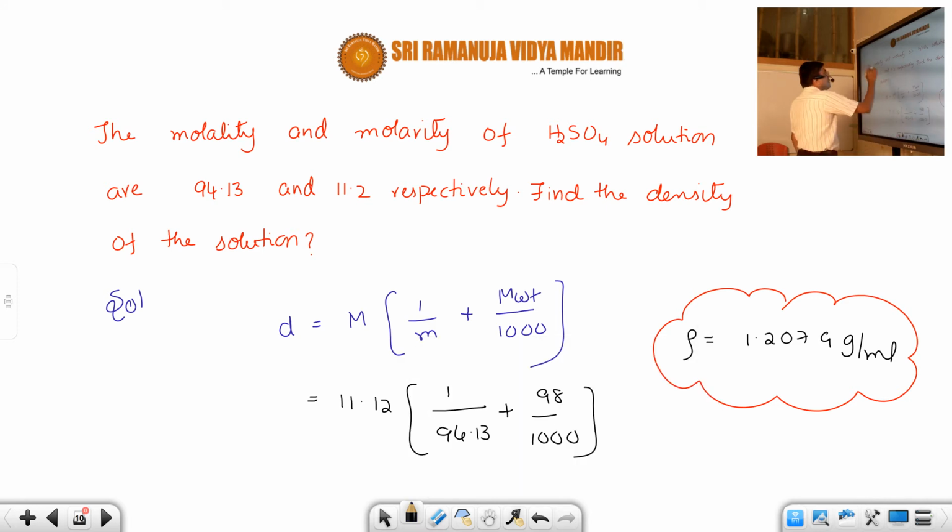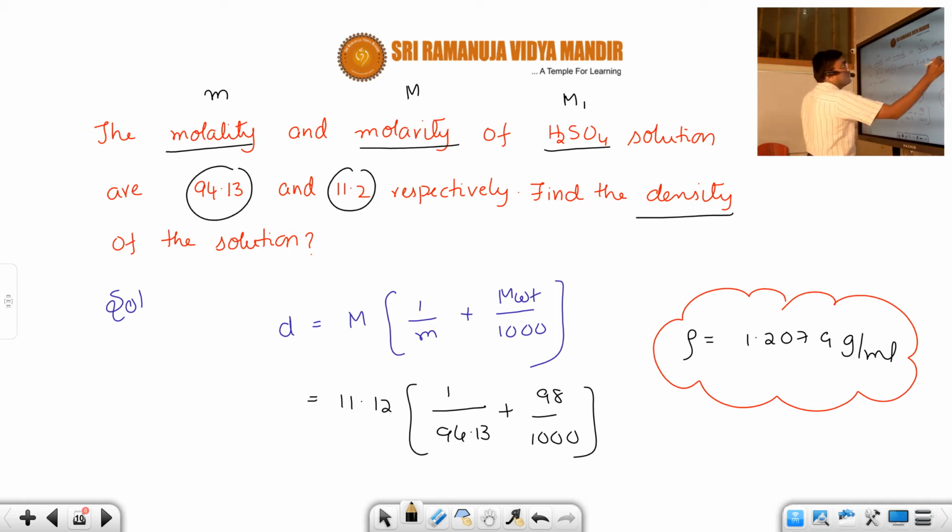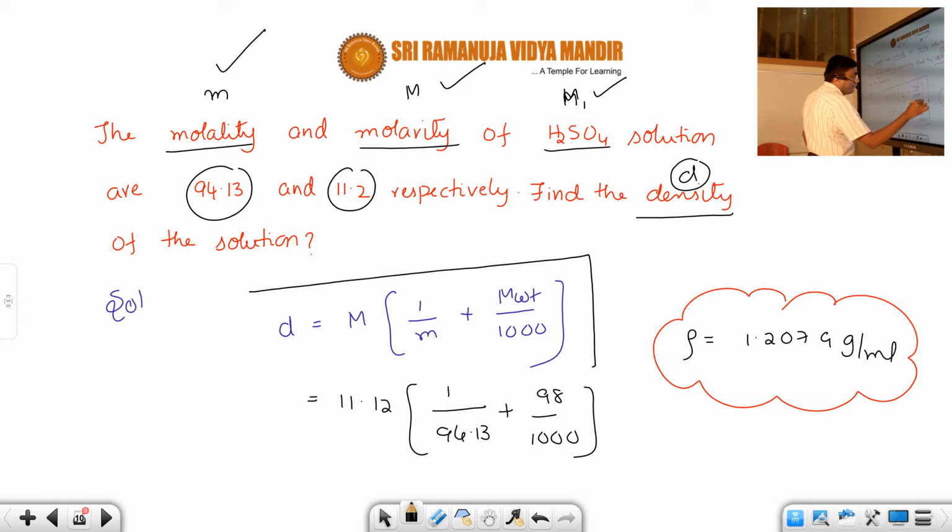The molality, that is small m, and the molarity, that is capital M, of H2SO4, with molecular weight M1, in the solution are 94.13 and 11.2 respectively. Find out the density D. Now you have a relationship between molarity, molecular weight, and density. The only unknown is density. So this is the relationship which you derived from the earlier derivation.